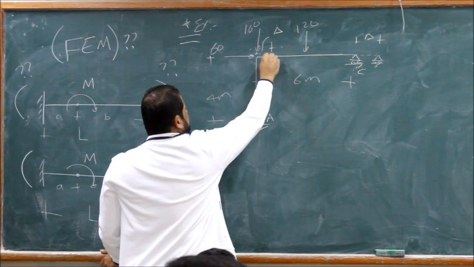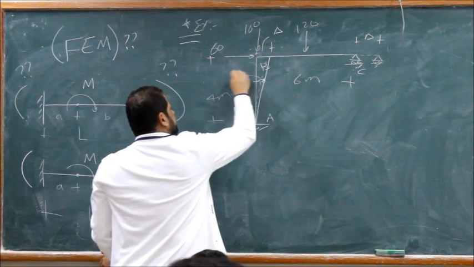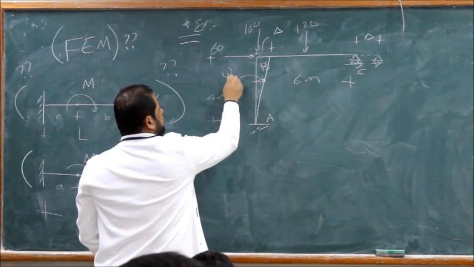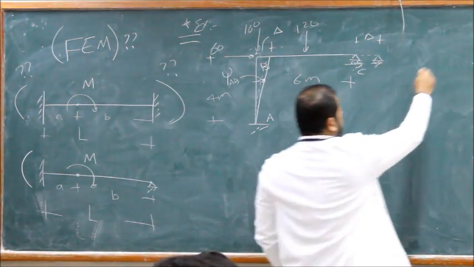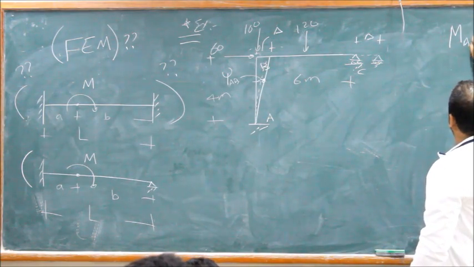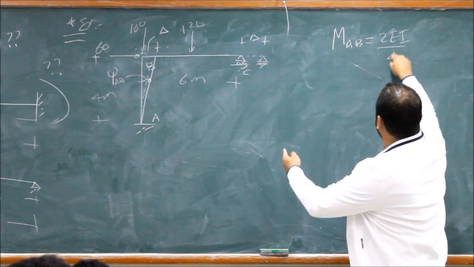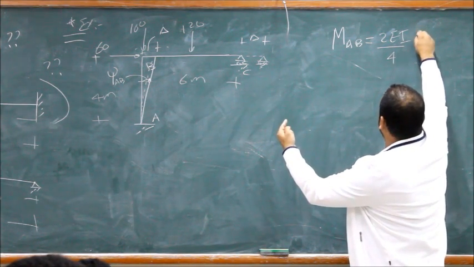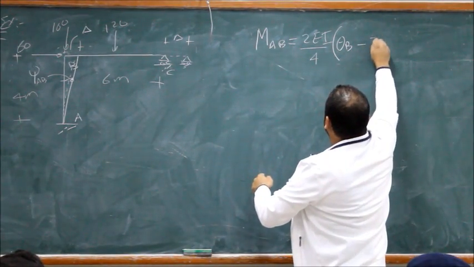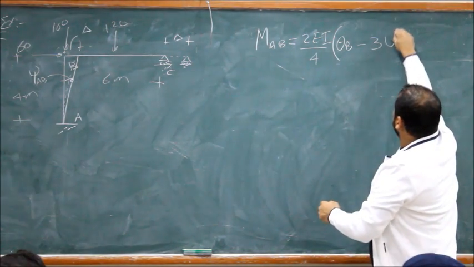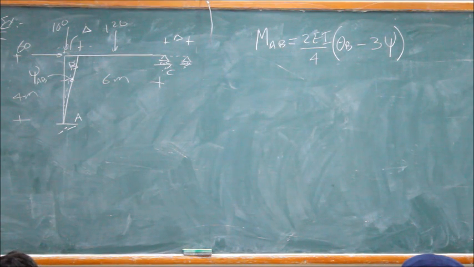Almost. So there will be a side span AB. If you write the equations, MAB equals 2EI over 4 times (2 theta, theta B minus 3 psi), right? Fixed end moment is 0.